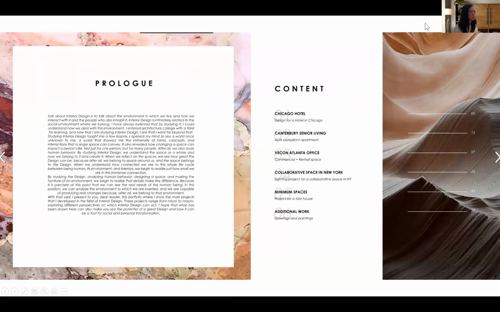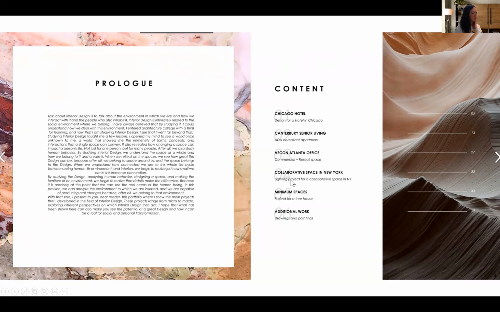The reason why I picked this example is the use of the layout. By using abstract images that are different but bring a similar theme.